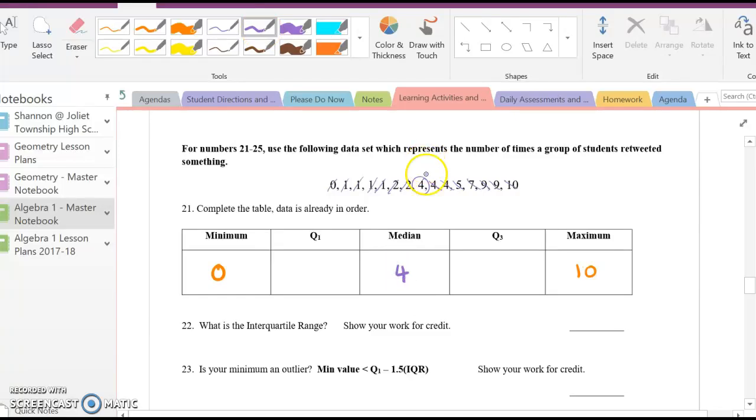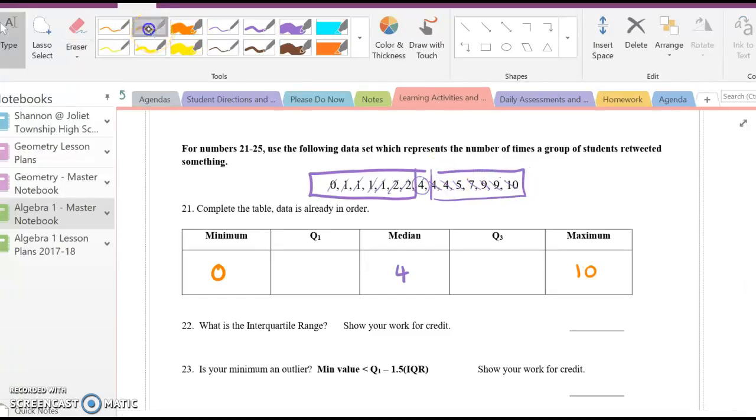Now for my quartiles, I'm looking at this set and this set. Of those values, if I go this way, my Q1 is 1, and this way on the right, my Q3 is 7.